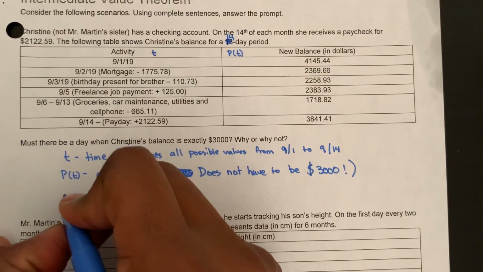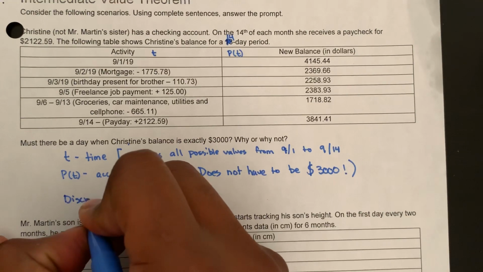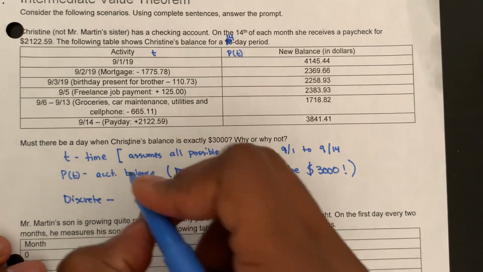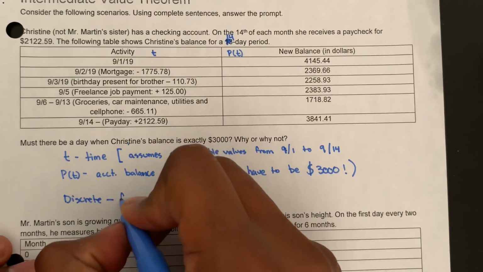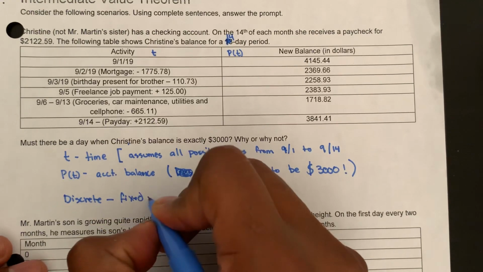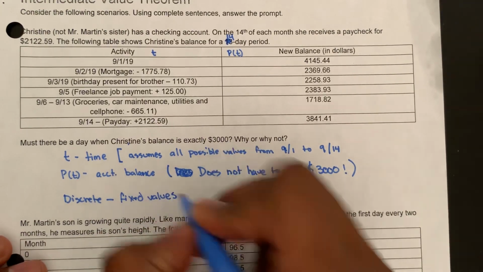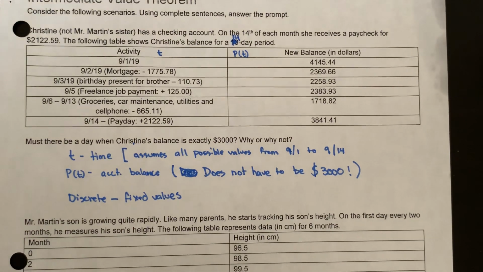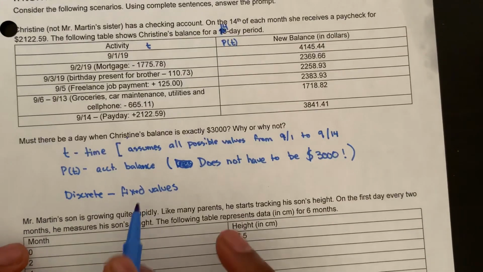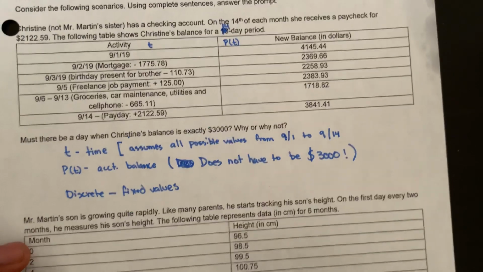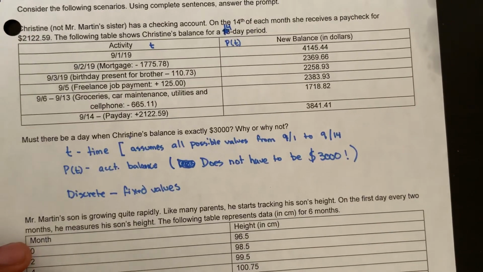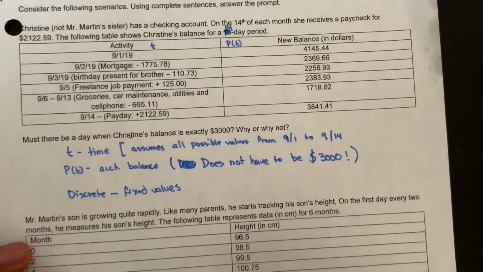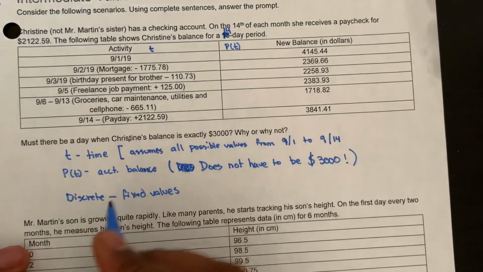Let's learn some terms. Discrete means fixed values. So in America, we spend money down to the cent, and we don't go below that. So those are fixed values. I can have 1 cent, I can have 2 cents, but I can't have anything between 1 cent and 2 cents. Those are discrete values.